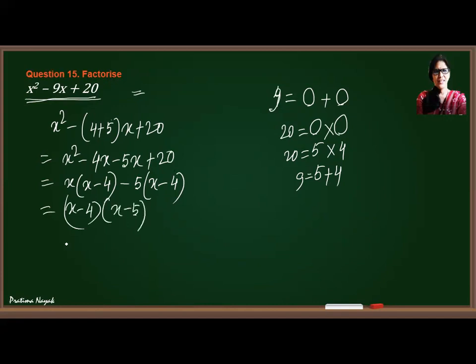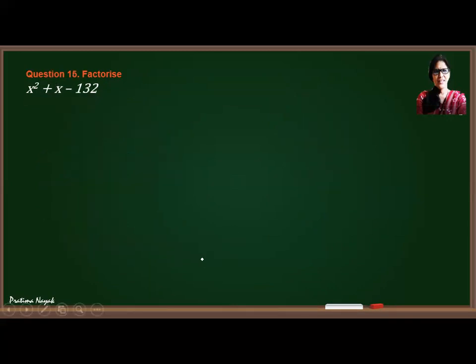So now write the answer: x square minus 9x plus 20 is equal to (x minus 4) into (x minus 5). Question number 16, factorize x square plus x minus 132. Again, you are getting minus 132 here.